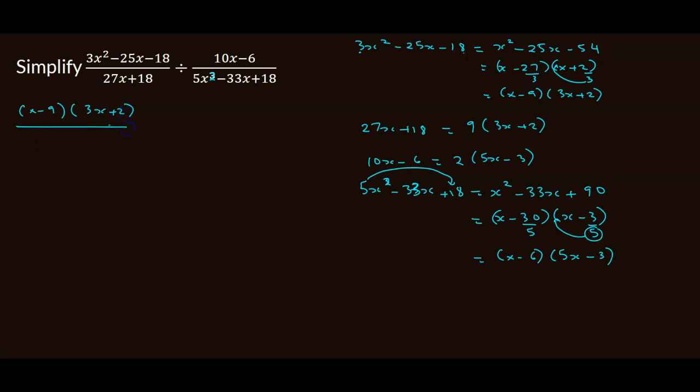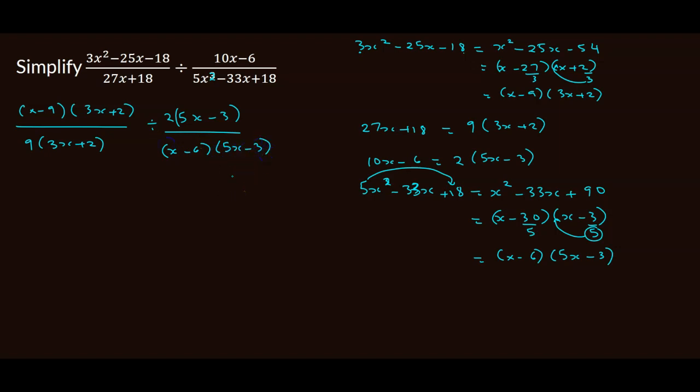We divide this by 9 multiplied by 3x plus 2. And then we divide here 5, this is 2, and then we have 5x minus 3 divided by x minus 6, and then we have 5x minus 3.